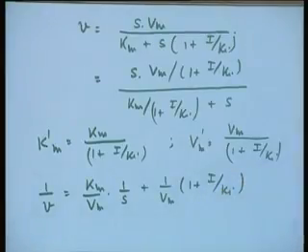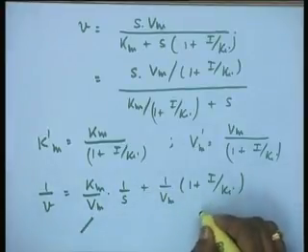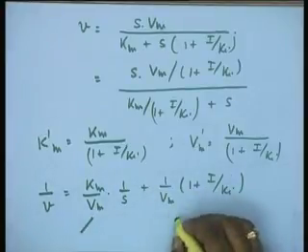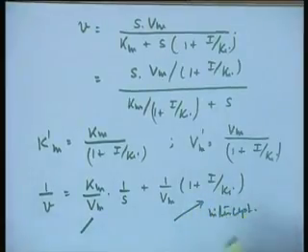Therefore, you will notice that the uncompetitive inhibitor does not change the slope, which remains unaltered, but the intercept 1 upon Vm on the y axis is increased by a factor of 1 plus I over Ki.